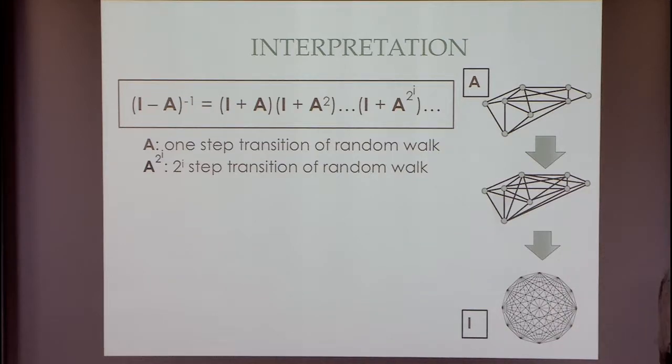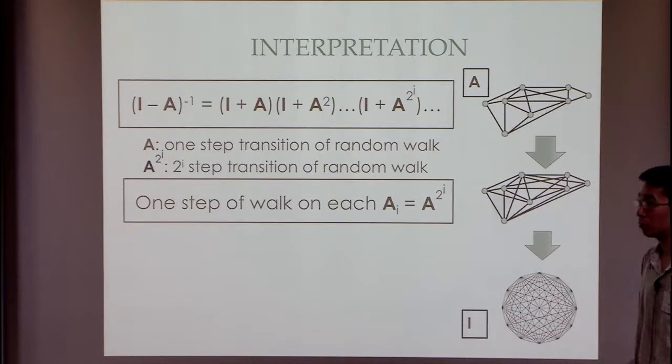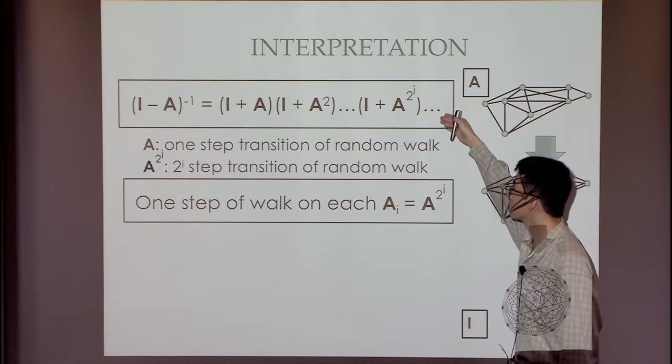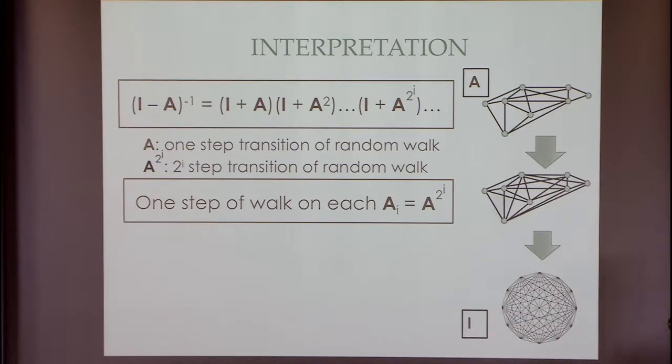Because A is the transition matrix of a random walk, A squared is just 2 steps of my random walk, A to the fourth is 4 steps of my random walk. In general, A to the 2 to the i is 2 to the i steps of my random walk. So this factorization can be viewed as computing a stationary distribution of a random walk by taking 1 step in each power, in successive squares of my random walk matrix.